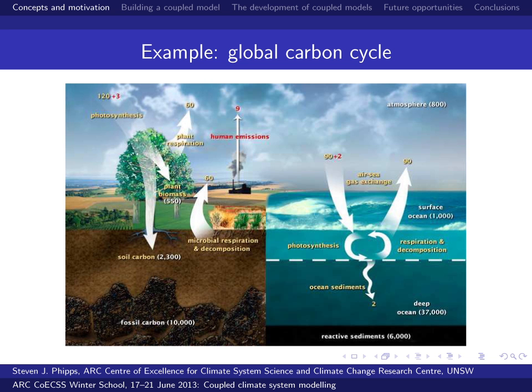So really, if you actually want to be able to predict how greenhouse gases might evolve during the 21st century, that is, in many ways, the ultimate coupled problem, and this is still the holy grail at the moment as far as coupled models are concerned.